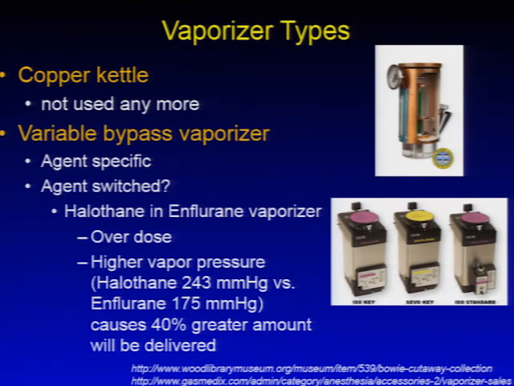Because the halogen has a higher vapor pressure, which is 243 millimeter mercury, compared to effluent's vapor pressure, which is 173 millimeter mercury. Therefore, at the same adjusted dose of the effluent vaporizer, you actually get 40% greater amount of halogen vapor delivered.